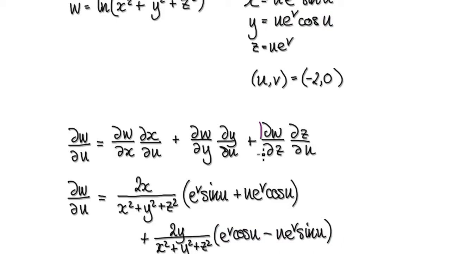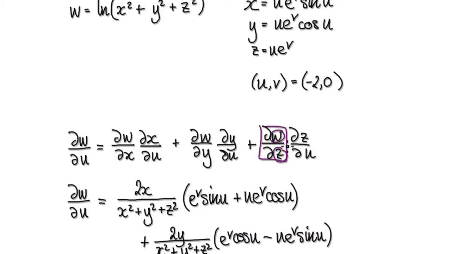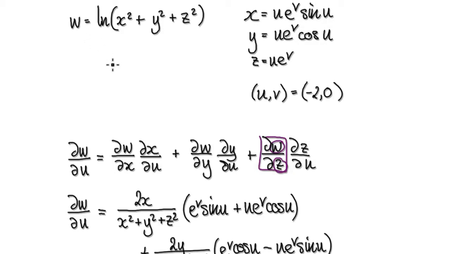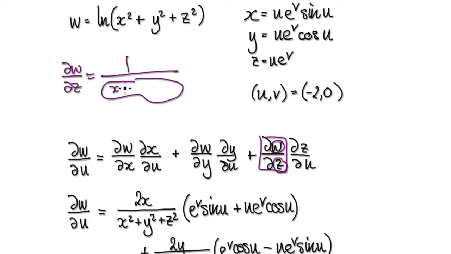And now we've got to look at this thing here, the partial derivative of w with respect to z. Going back to here, the partial derivative with respect to z would be 1 over the bubble intact, and then you've got to multiply by the derivative of the bubble itself, which will be 2z.